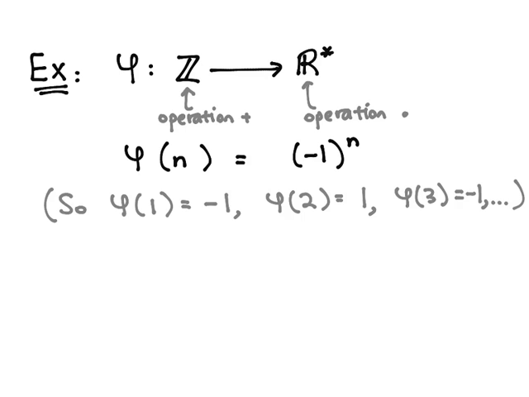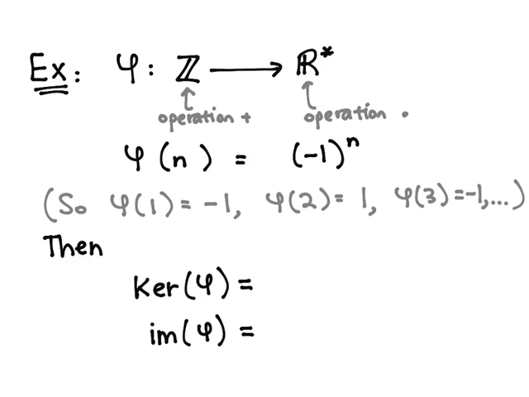So that means phi of 1 is equal to -1 to the first power, which is -1, and phi of 2 is equal to -1 squared, which is 1. Phi of 3 is equal to -1 to the third power, which is back to -1. And in general, what you'll notice is that phi of n is either going to come out to be -1 or +1, just depending on whether n is odd or even.